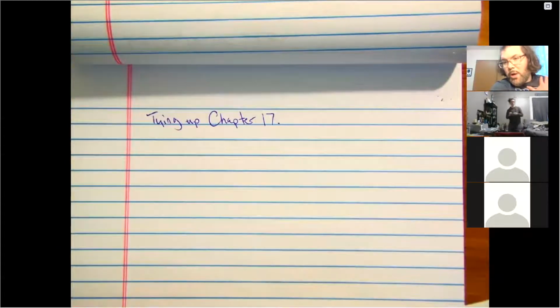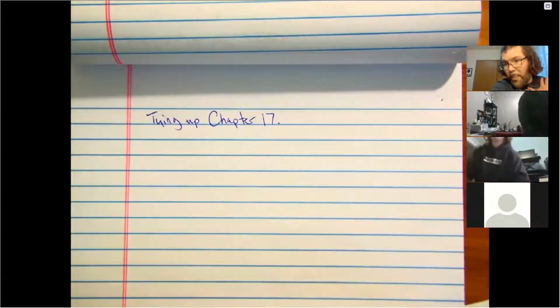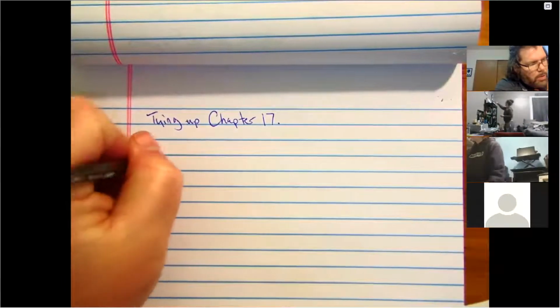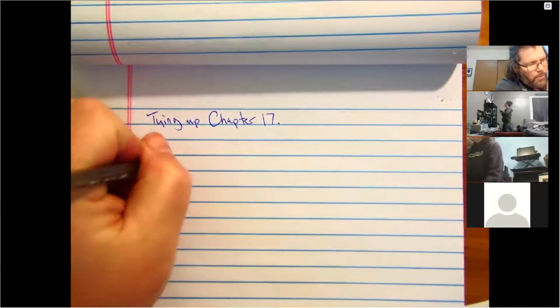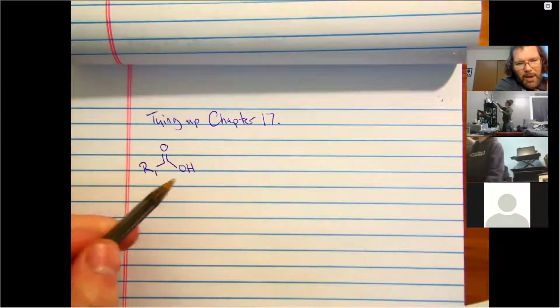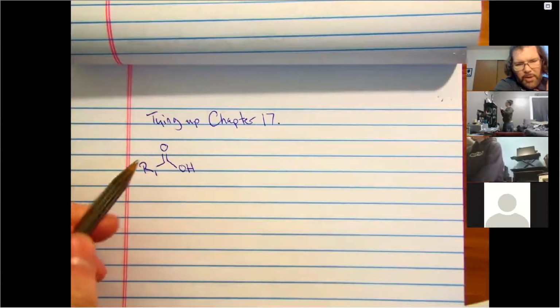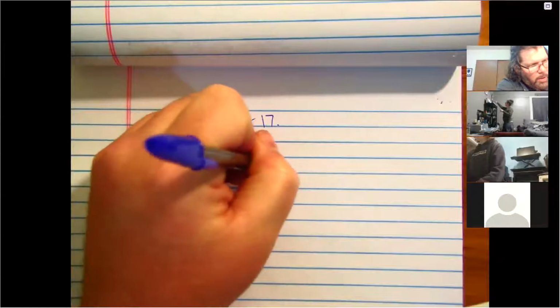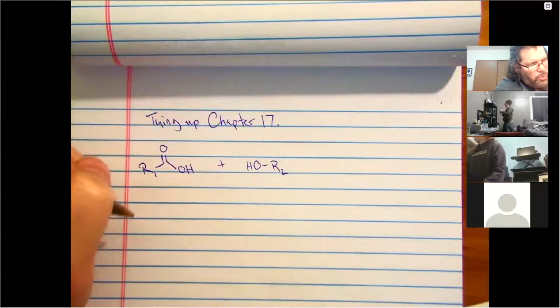So we've already talked about the formation of esters from carboxylic acid plus alcohol. The general form of that reaction looks like this, where we have a carboxylic acid with alkyl group number 1, plus an alcohol with alkyl group number 2.